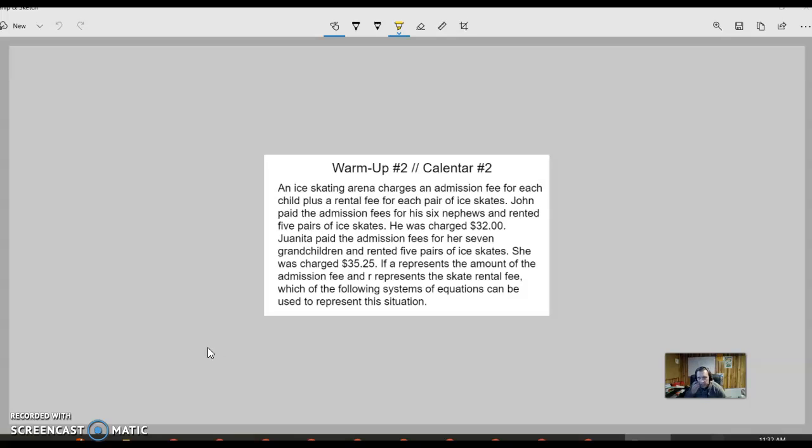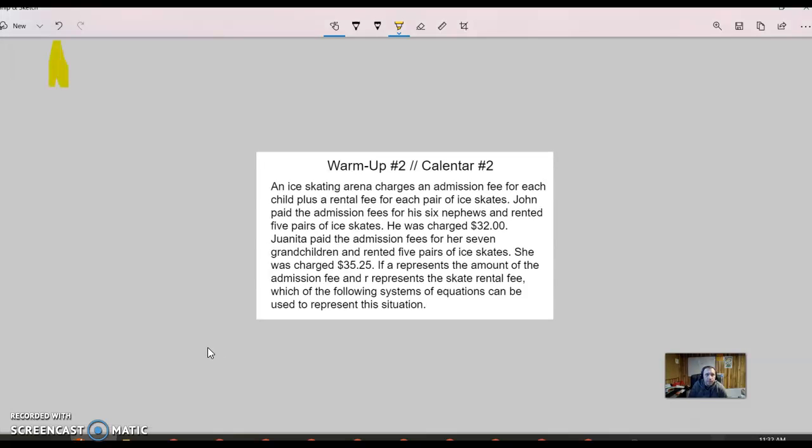And so if I was guessing for this, I would just start putting dollar amounts down. I'd say, well, maybe the admission costs $5 per person, and the skates cost $2 per person. Well, how would I find out how much John paid?